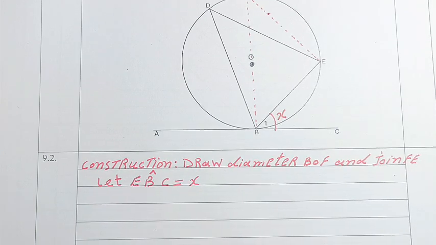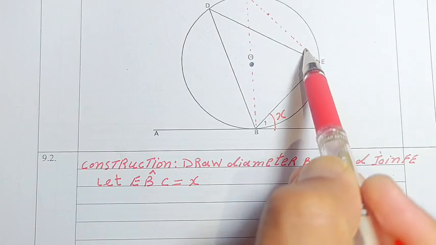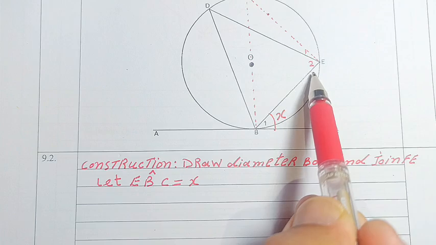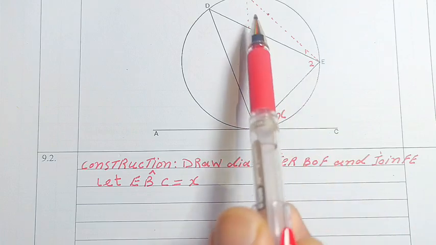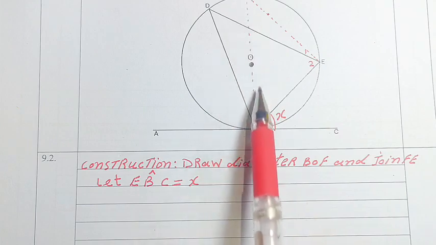Now angle E1 plus E2. This is my E1, this is my E2. E1 plus E2 is going to be 90 degrees, angle in the semicircle, because this is a diameter.